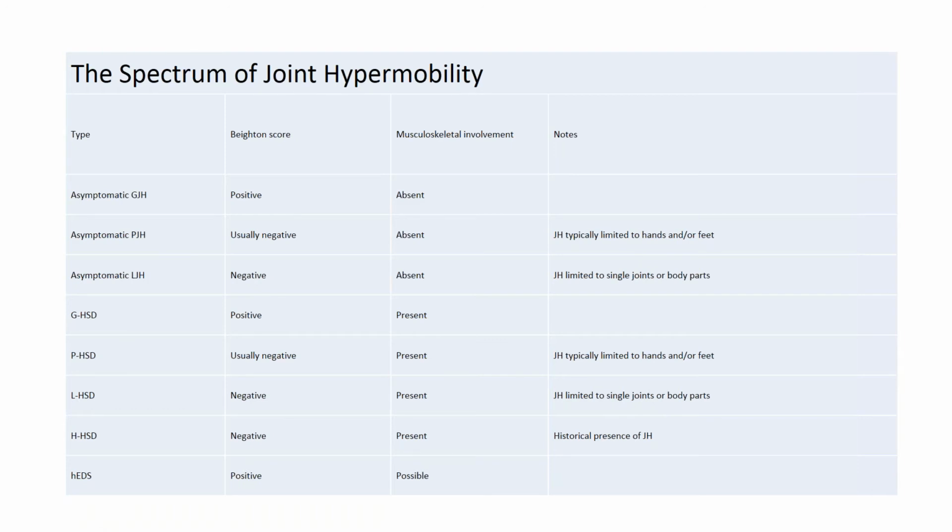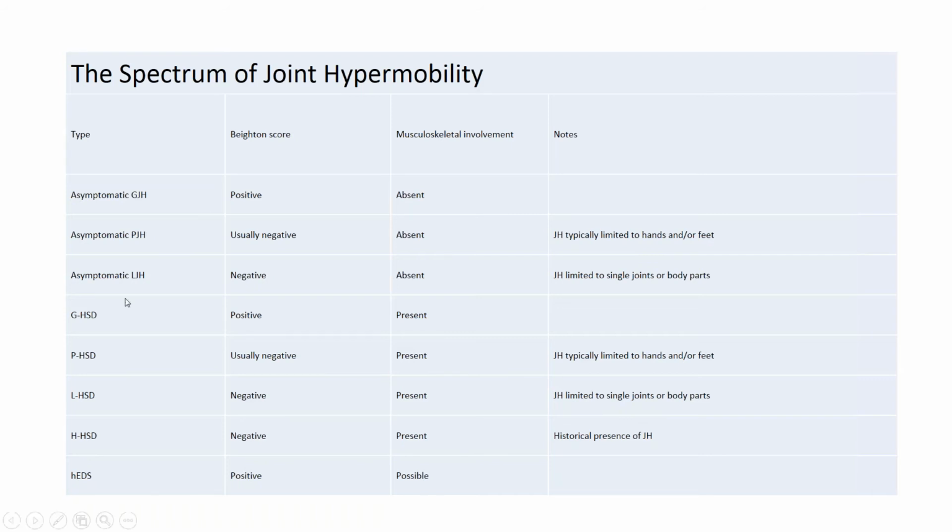But we recognize that people with these hypermobility spectrum disorders may very well be suffering with many of the same comorbid conditions and be limited by their condition to the same degree as people with the hypermobile type of Ehlers-Danlos syndrome.